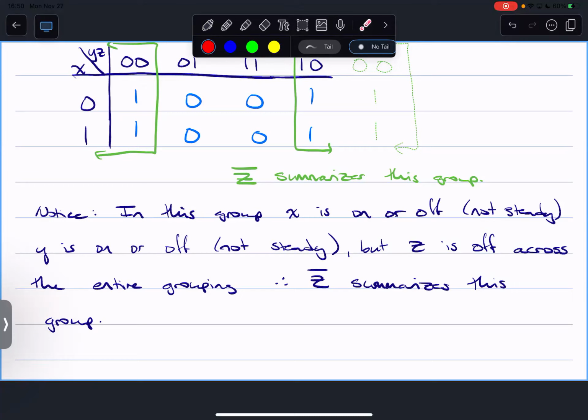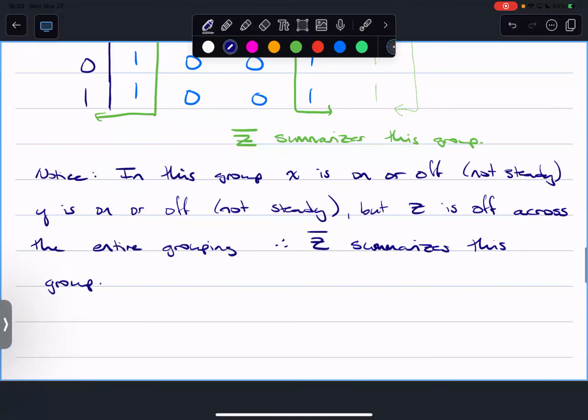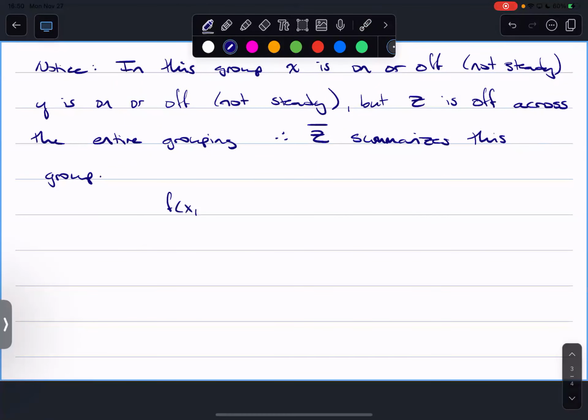We'll see an example. Simplifying in my simplification. So then what can we do? We can rewrite f of x, y, z as just z is off.